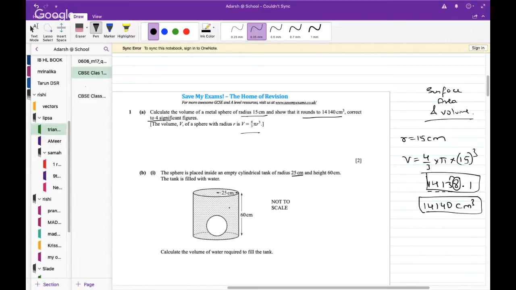So let's figure out the volume of the tank first. Volume of tank is base area times height. What is the base? A circle. So pi into 25 square into height. Height is 60. Use your calculator to solve it.